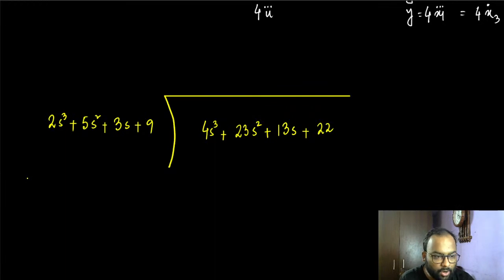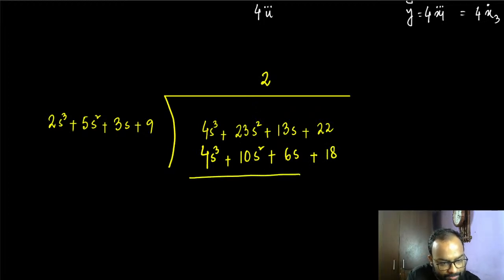Let's start the long division here. Of course I see that I have 2s cube and I have 4s cube. Comparing these two, I have to write a 2 here. If I write a 2 here, that becomes 4s cube plus 10s square plus 6s plus 18. Now do the subtraction.